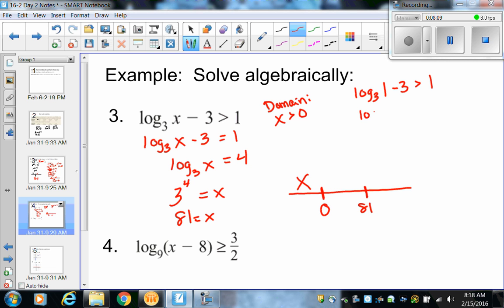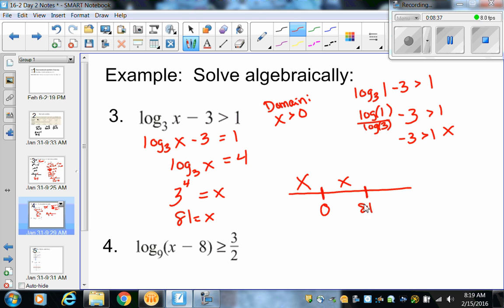So in my calculator, the log of 1 divided by the log of 3, type that in your calculator, subtract 3. Is that greater than 1? And so you should get negative 3 greater than 1, which is not true. So we're going to put an x here.